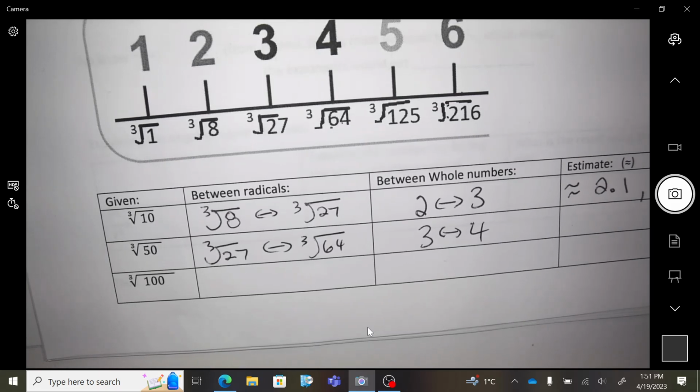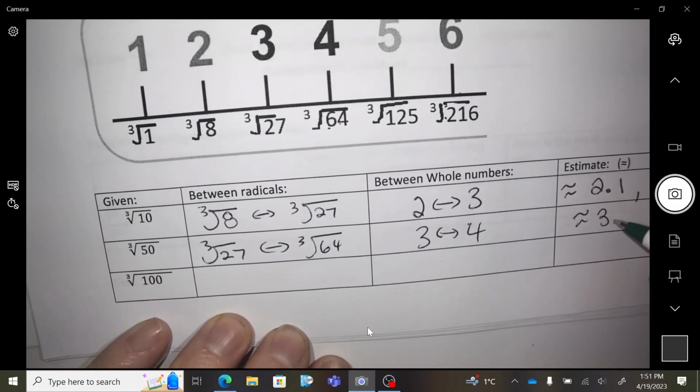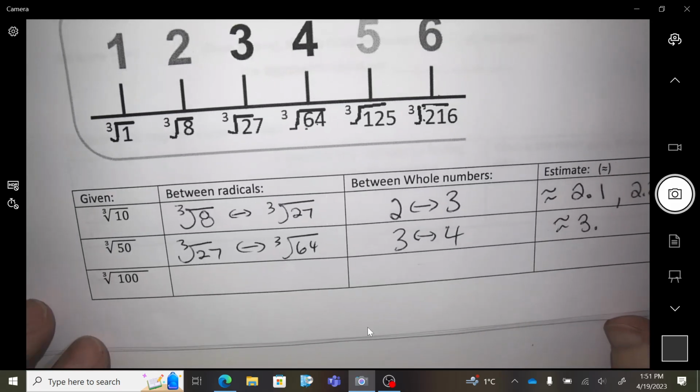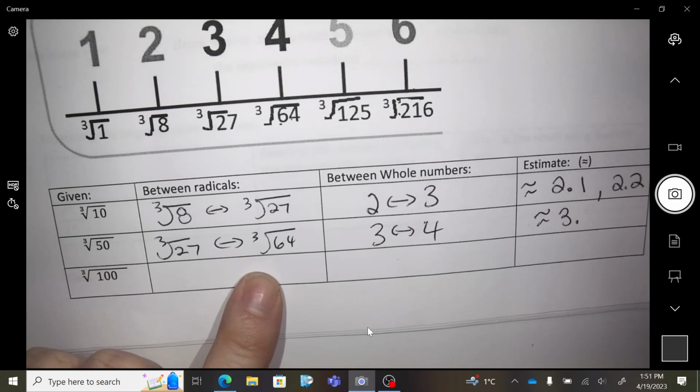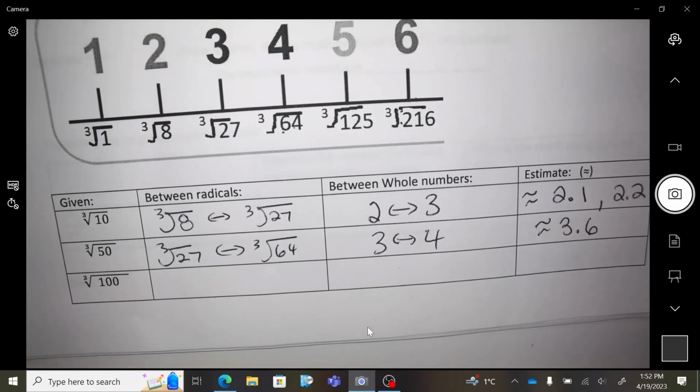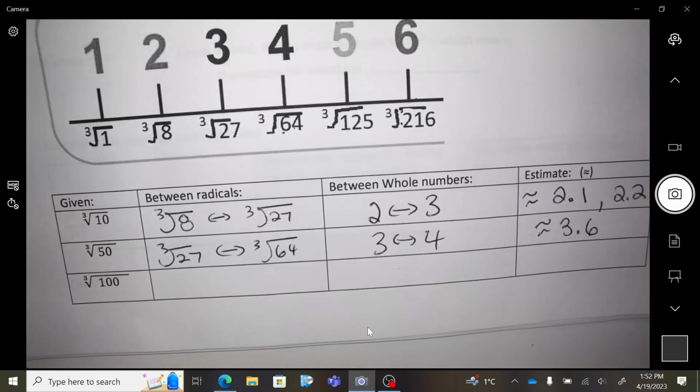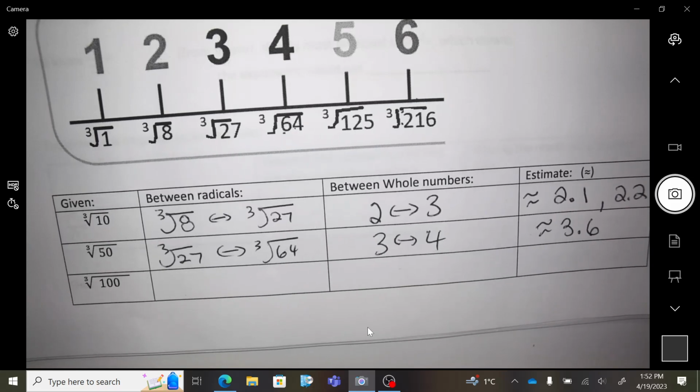So I'm going to be 3 point something. You're going to guess 3.6. 3 any root of 50 is 3.68. So good guess.